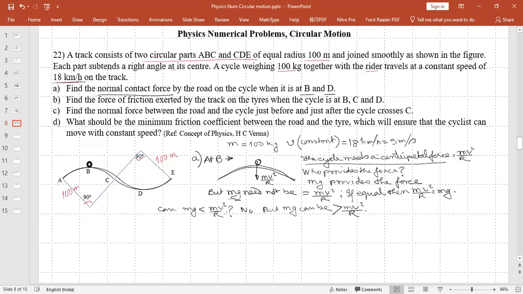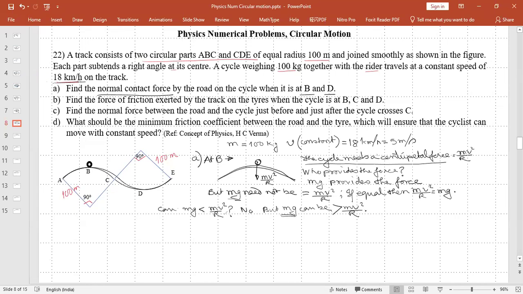Why? You have a fixed mg, you cannot do anything with this. But you can drive slowly so that mg is not equal to mv square by r, rather mg is more than mv square by r, and mv square by r is less.